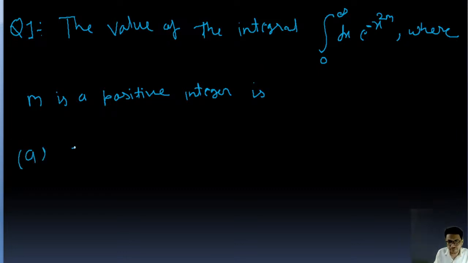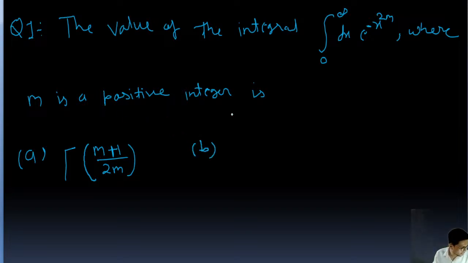First option is gamma (m plus 1) upon 2m. Option B is gamma (m minus 1) upon 2m.